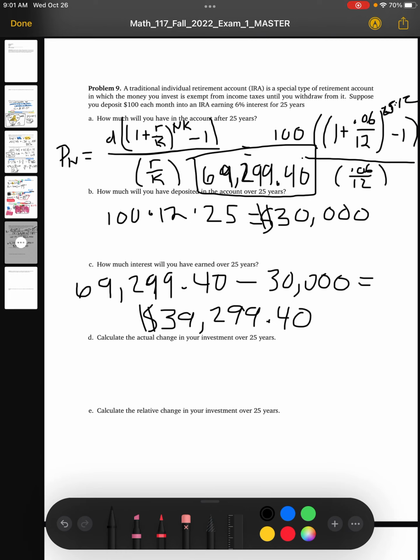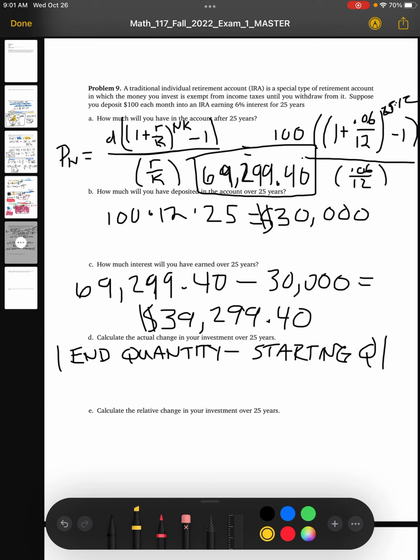So the answer for C and D is actually the same number. You may or may not remember that the formula for actual change says you take your end quantity and you subtract your starting quantity. So in our problem, our ending quantity is the amount that we earned over this 25-year time period.